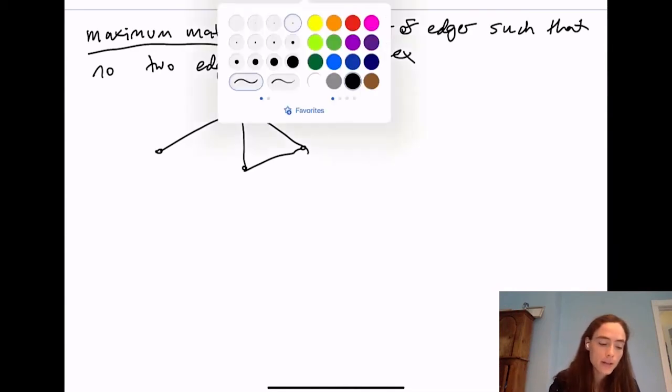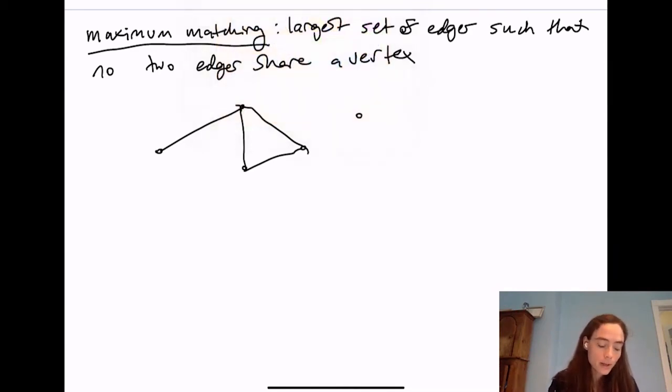So, for example, let's say we decided to choose this pair of vertices as an element in our matching. They're connected by an edge, so that works. But there's no other matching that we can form here. There's no other edge such that neither side of the edge shares a vertex with what we've already put in our matching.